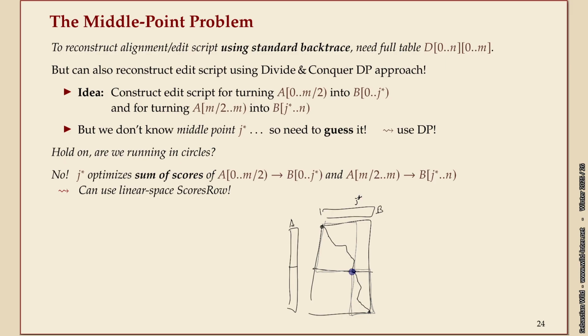It's going to be the best way to go from the top left corner to some point here, and then the best way to continue from there. And these two are summed up. That's the total edit distance. So I have to find the J star that makes that sum minimal.